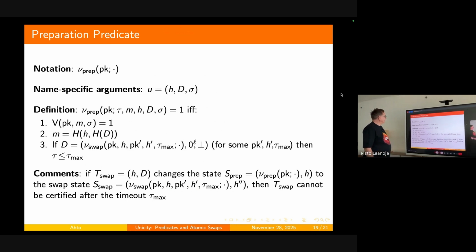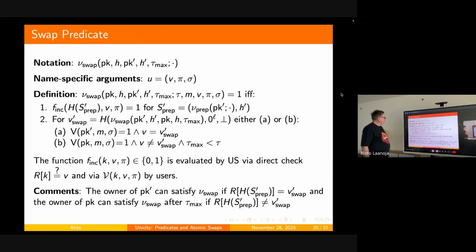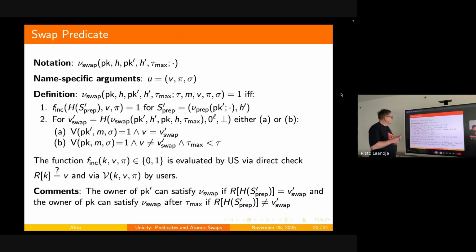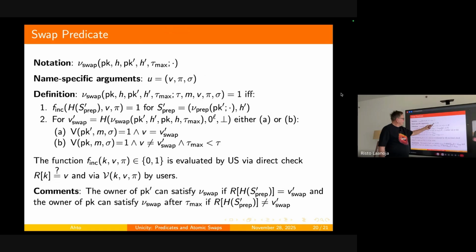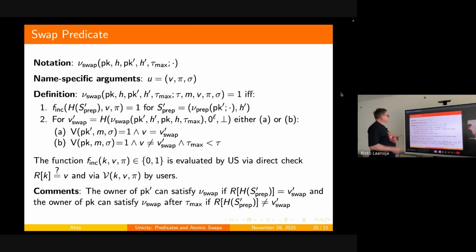Okay, let's go on with the swap predicate. You already know what the parameters are, so now how to satisfy the predicate. We have to provide a hash value, an inclusion proof, and the signature. And the predicate is defined as follows.